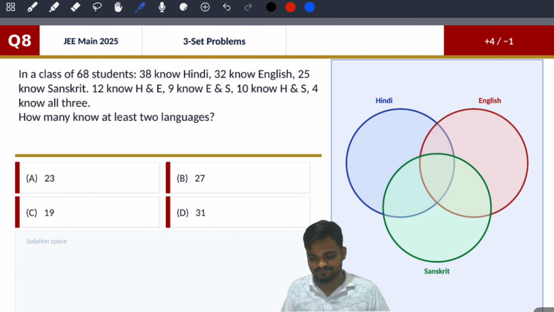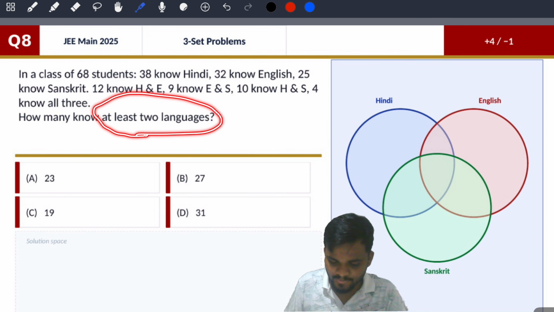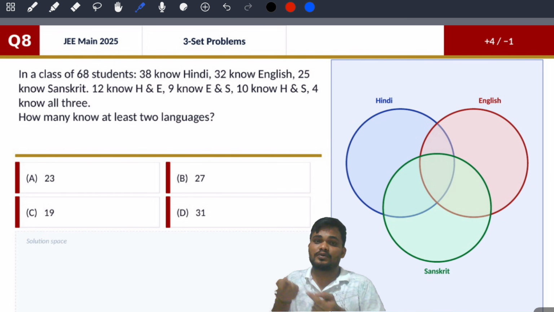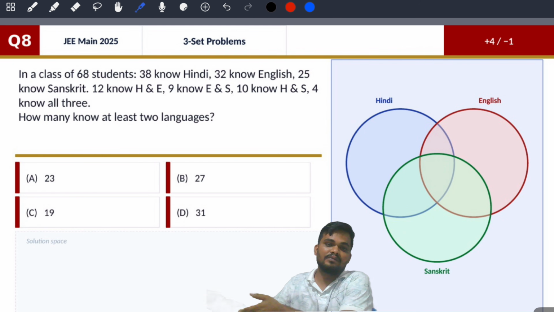How to find? Look, at least two languages, you need to understand first. What is the meaning of at least two languages? I already explained in the previous question. In that case, it was at least one. At least one means exactly 1, exactly 2, up to however many it is giving.